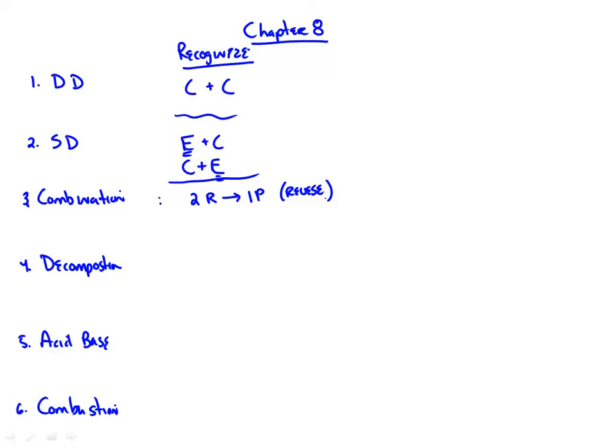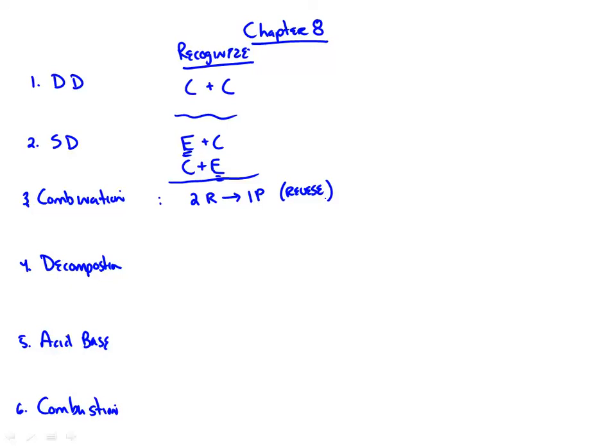Because you can't distinguish a combination from a double displacement or a single displacement, because you always could try to mush things together. Now I have to be honest, if you really try to mush a double displacement reaction together, you're going to get something that makes no sense, because you've got 2 cations and 2 anions. We've never seen something that looked like that. Same thing with a single displacement. If you're trying to mush everything together, you end up with like 2 cations and it looks strange. And so really you kind of can tell the difference.